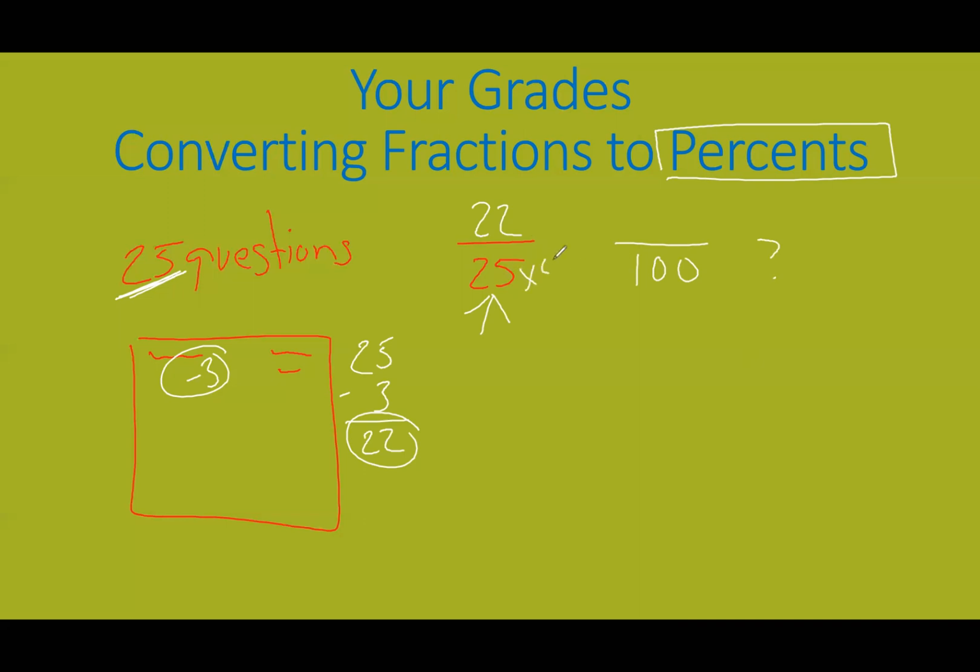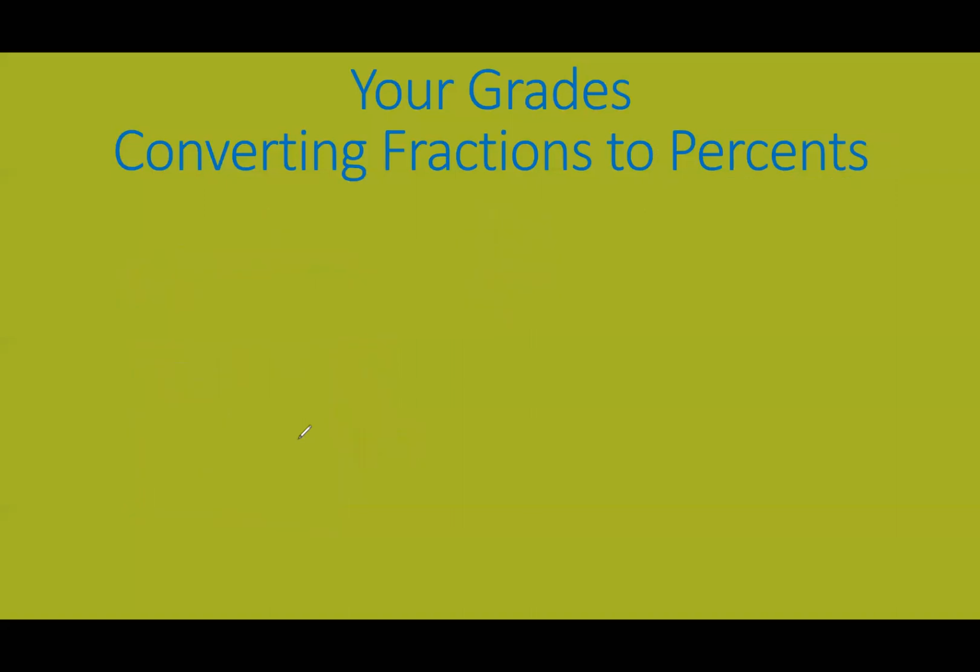Yes, it can. 4 times 25 is 100, which means you only have to multiply the numerator by 4 as well. Your grade, if you got 3 wrong, is an 88%, which is a very high B. It's almost an A. So that's how a teacher would convert your grade from a -3 with 25 questions.